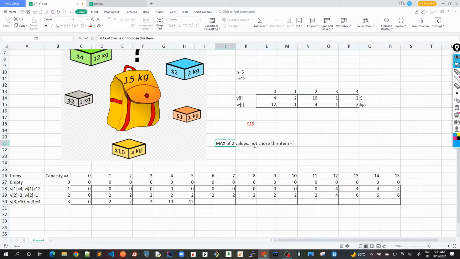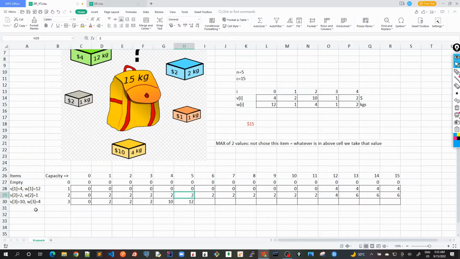In that case, whatever is above the cell, we take that value, right? So this is the first condition when we don't choose the value. We already found that this is the value 2.